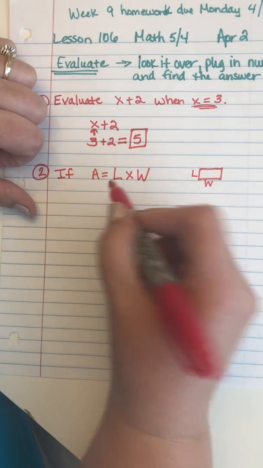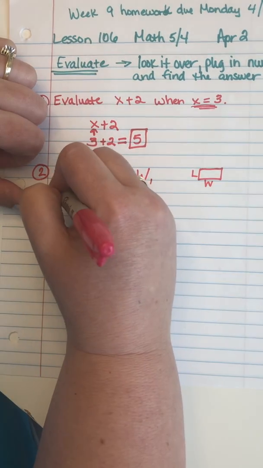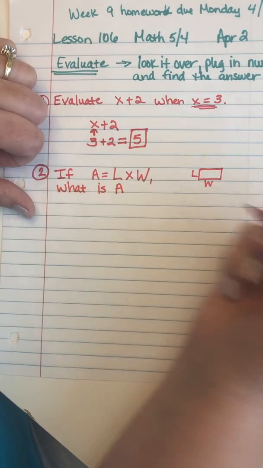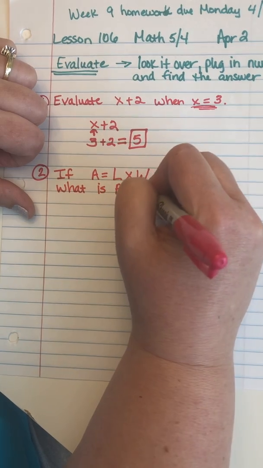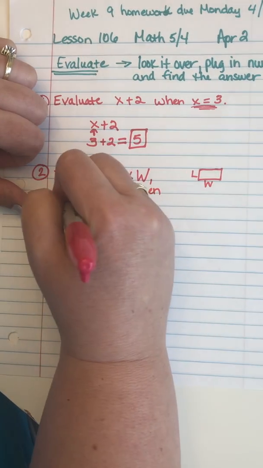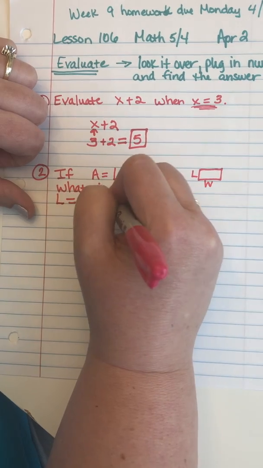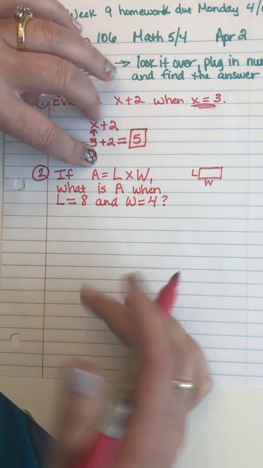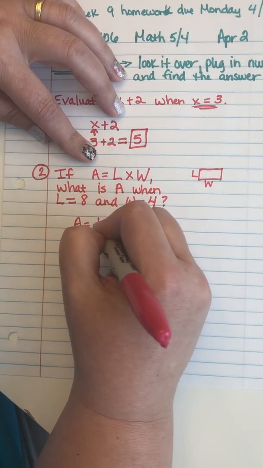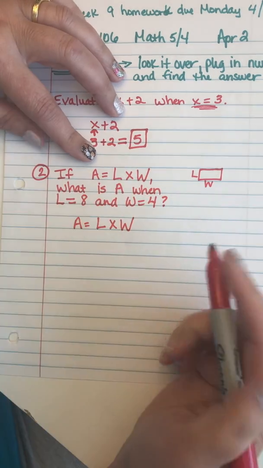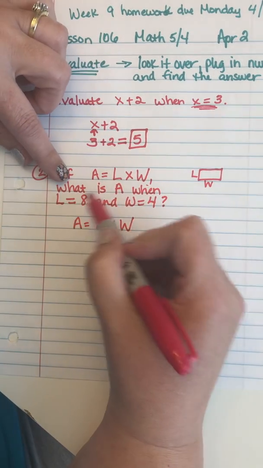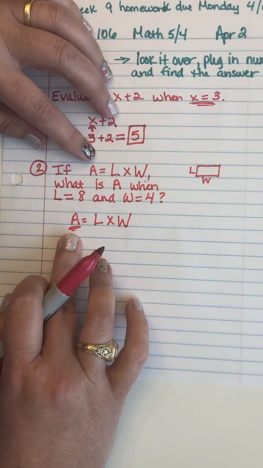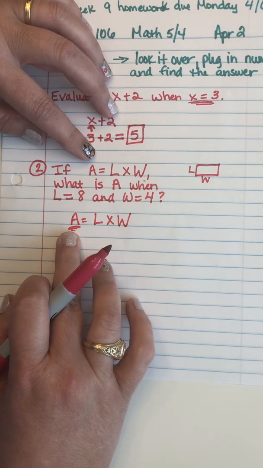So if area equals length times width, what is A when L equals 8 and W equals 4? Let's take what we know, which is this equation, and just write it back down. It gave us that. Now it's asking what is A. We don't know what that's going to be quite yet. We're going to have to solve for A, or evaluate for A.